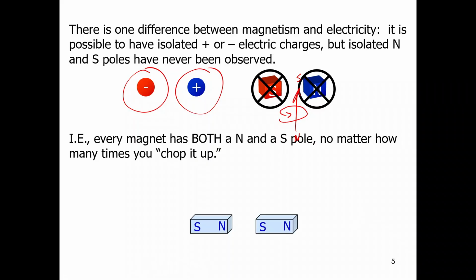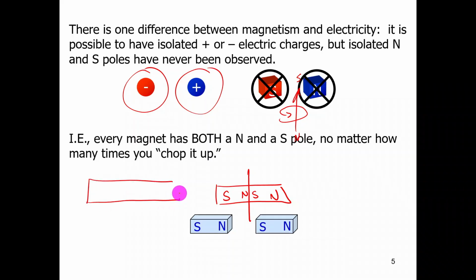So every time you cut up a magnet, if I have a magnet here that was originally a north and a south, and I cut it in half, all you get is 2 magnets. The reason is this material is made up of those little dipoles, north, south, going in your material.